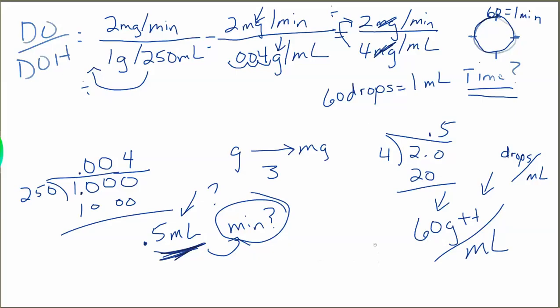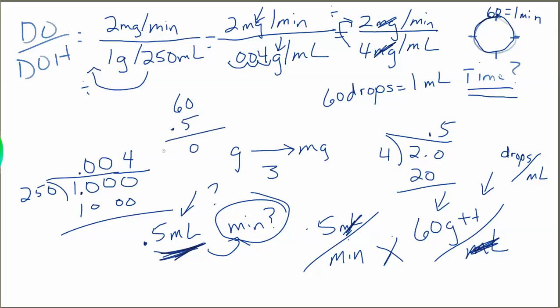So in order to find out your answer, for those of you that love cross multiplying, this is where this comes in at. 0.5 milliliters per minute. Going to get rid of what we've got in common, and we're going to multiply the 0.5 times the 60. 5 times 6 gives you 30.